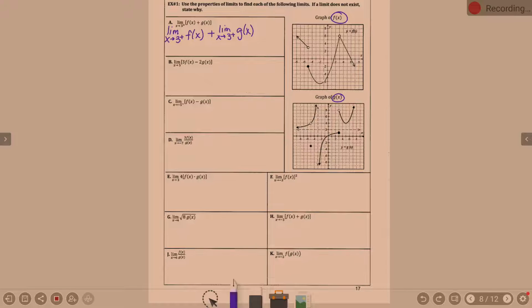And then it's doing what you've been doing, right? Practicing with these limits. So, as x approaches 3 from the right on f of x, what value are you thinking there? 6? Because we're going right up here, yes? And so that is 6.